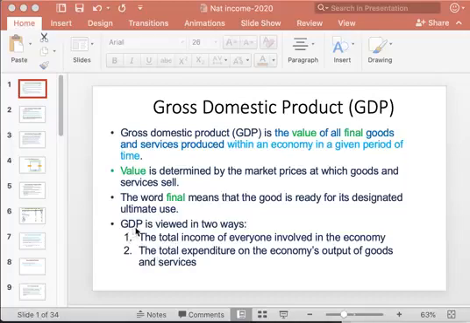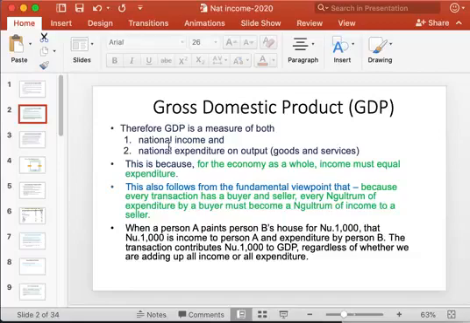GDP is either total income or total expenditure. Therefore, GDP is a measure of both national income and national expenditure. And this is because for the economy as a whole, income must equal expenditure.